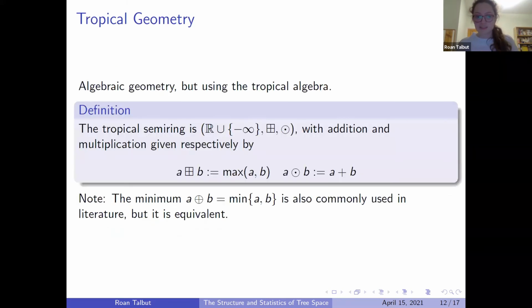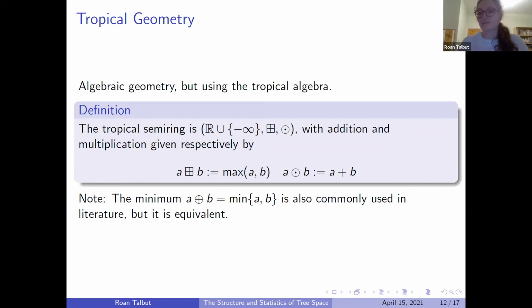So the first question is, what is tropical geometry? This is going to sound very strange right now, but the idea is that we're doing algebraic geometry, but using the tropical algebra, which is, as I've written here, instead of standard addition, we take the maximum of 2 elements, and instead of multiplication, we take addition.